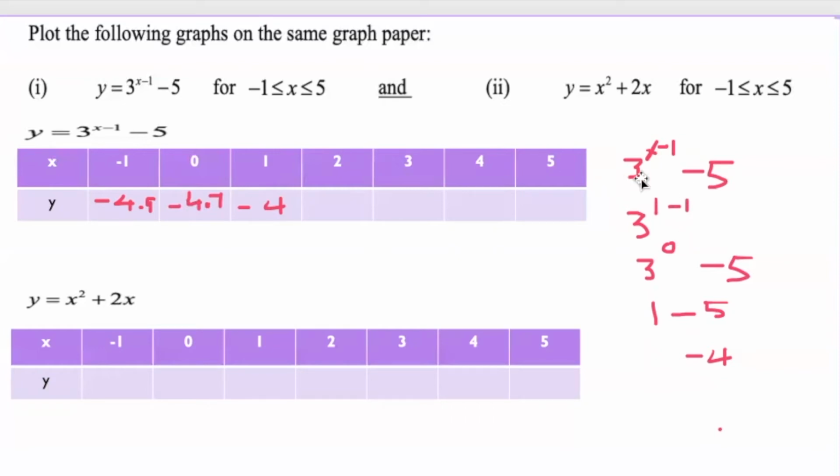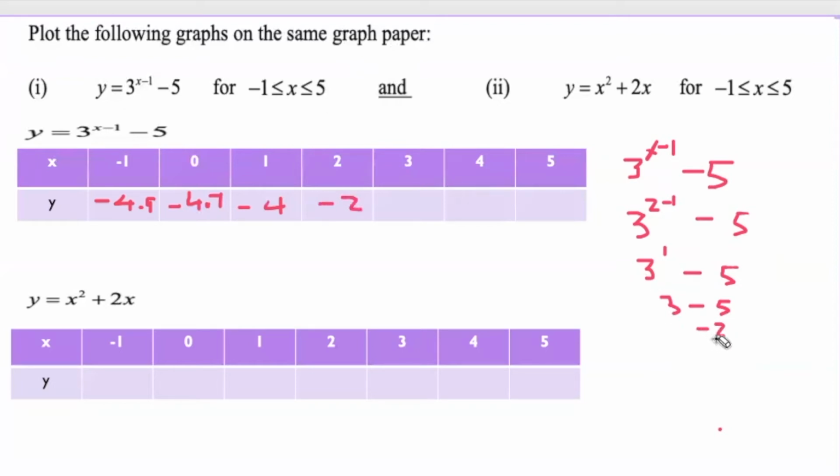Now, x equals 2, let's look at that. So for x equals 2, I will have 2 take away 1, minus 5. So that will be 3 to the 1, minus 5, which is 3 take away 5 to give me -2. So I'll have a -2 here.